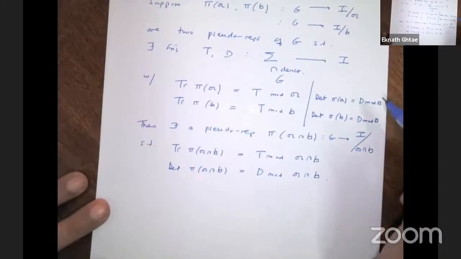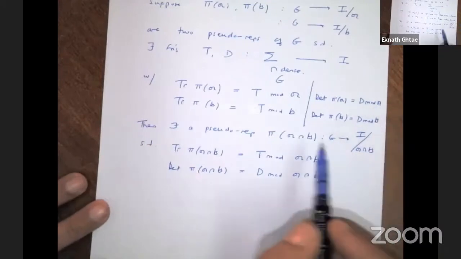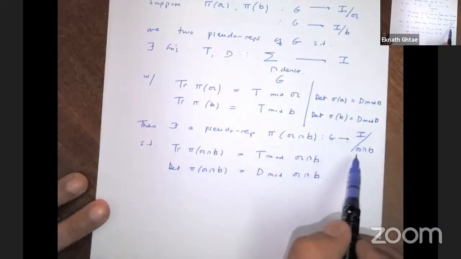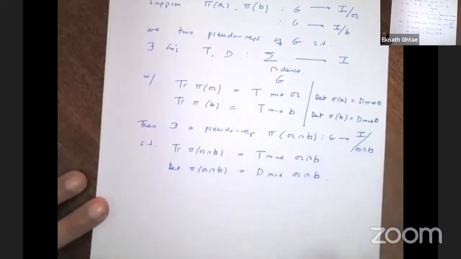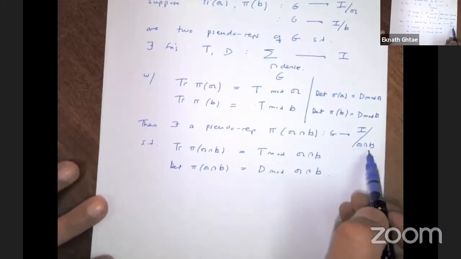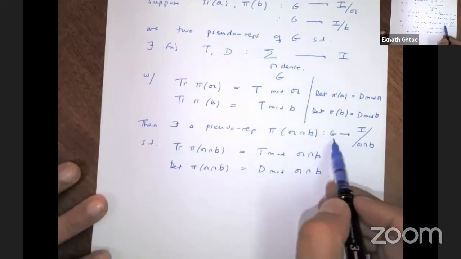If they individually come from some T and D, then you can actually find something which takes values in I mod A intersection B. And the point of this is that A intersection B is smaller, so you've come a little bit closer to constructing a pseudo representation into I.